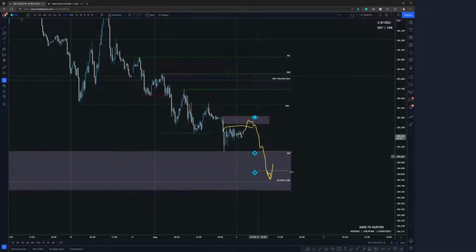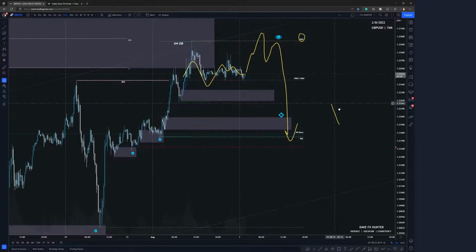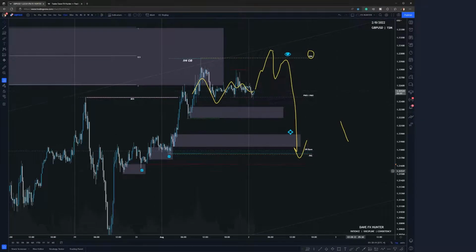We want to see it visit these levels, make some higher highs and then discontinuations. Then it would be perfect for the pound to start to show us this down, right?